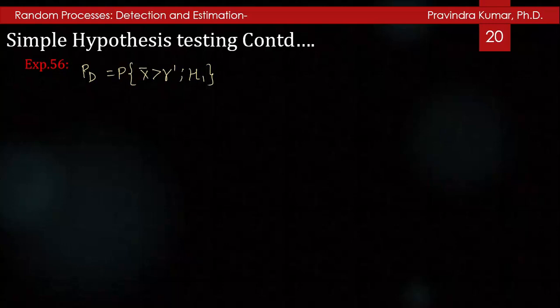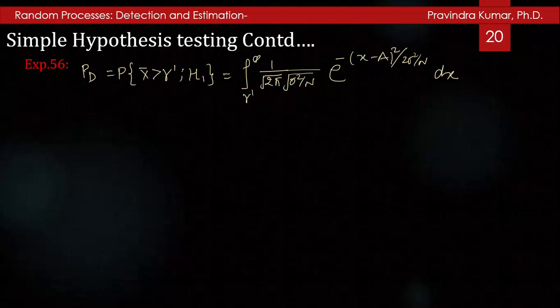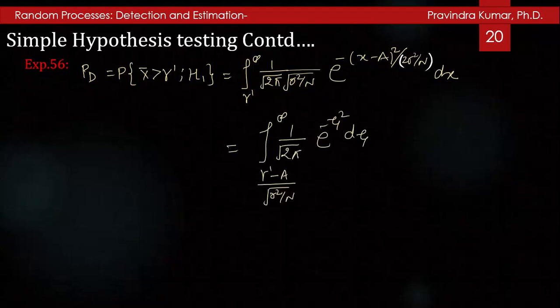And the probability of detection means the probability of a sample mean greater than gamma dash when the hypothesis H1 is true. So it will be the integration from gamma dash to infinity of 1 upon under root 2 pi under root sigma square by n, e to the power minus x minus A whole square by 2 sigma square by n, dx. It will be the integration from gamma dash minus A by under root sigma square by n to infinity of 1 upon under root 2 pi, e to the power minus xi square by 2, d xi.